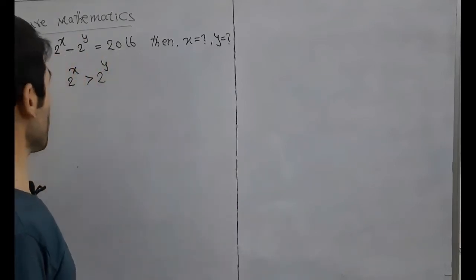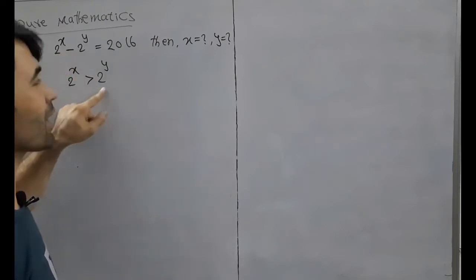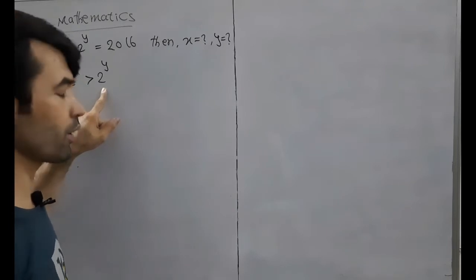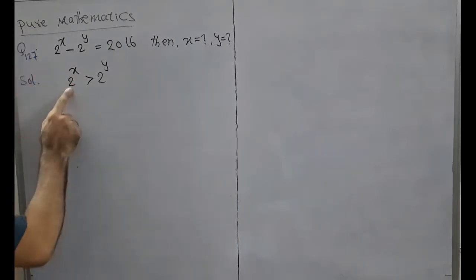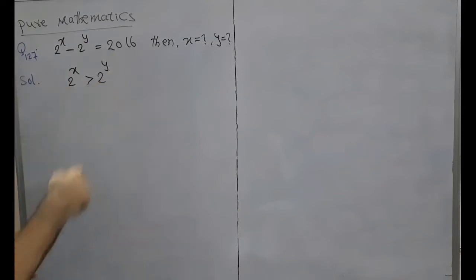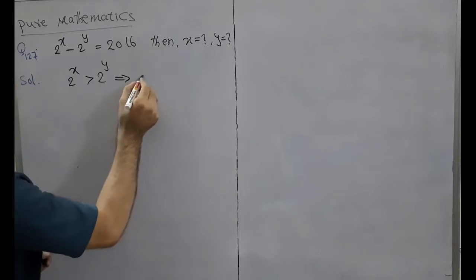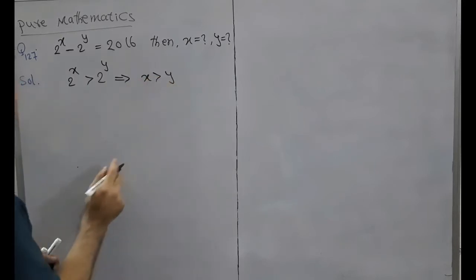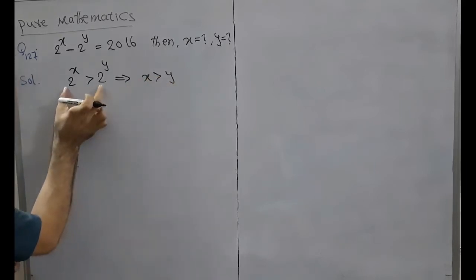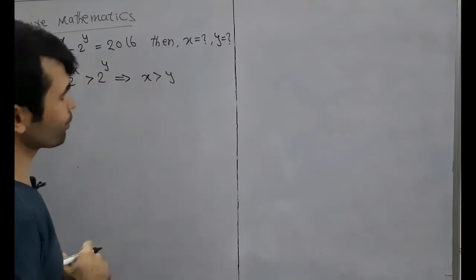So we have to have 2 to the power x greater than 2 to the power y. This implies x greater than y. Bases are equal, so x greater than y.